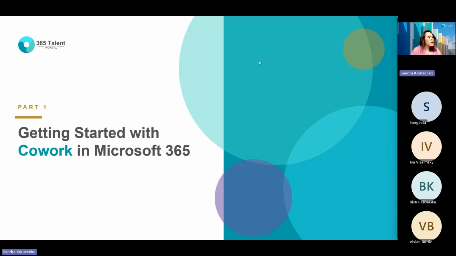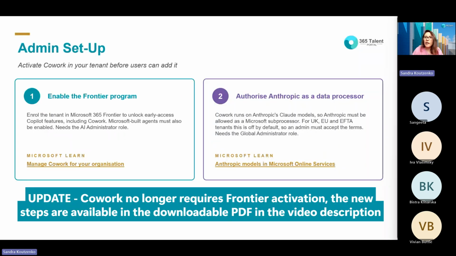So first of all, let's talk about how do you actually activate Cowork and get it into your workspace, because it is not there by default. There's a few things you need to do. First, we have a couple of steps that must be performed by a company Microsoft 365 administrator.